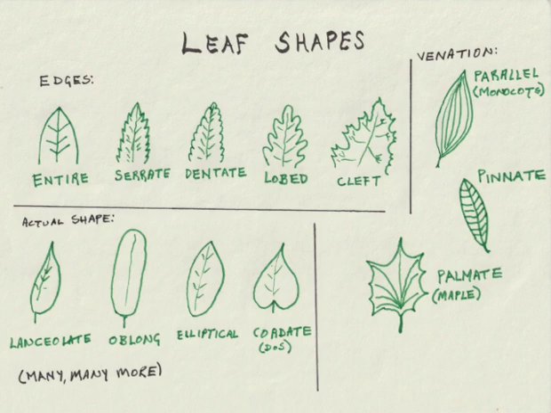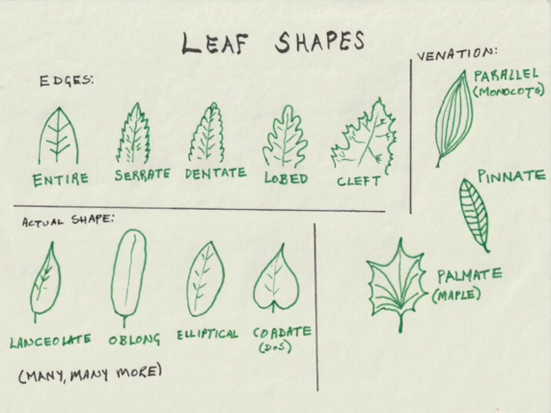There's also dentate and lobed, and also something called cleft, which is supposed to be a maple tree, but my art didn't do quite as well as it should have. There are many, many more of these leaf edges that, again, some of these will be included in the introductory pages of some of these books.